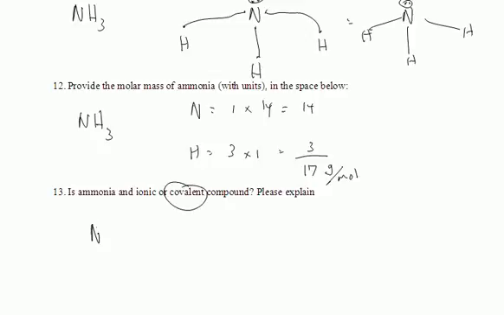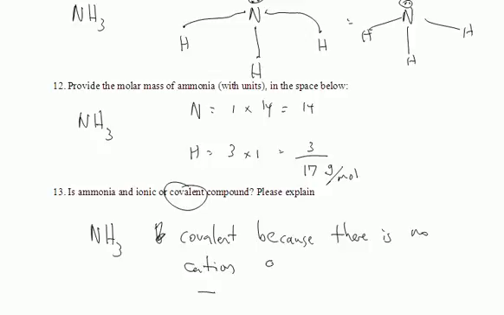It's covalent, because there is no cation anion combination. You're going to get the cation here either from metals, or you're going to get that cation from ammonia, NH4+.